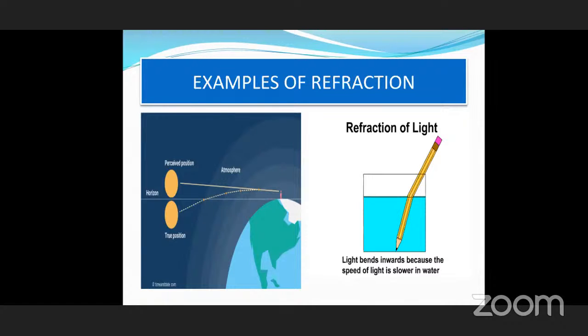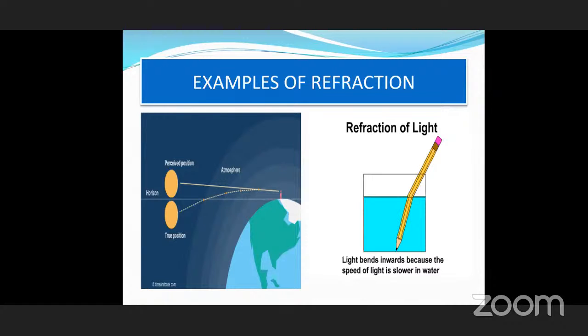Both densities are not equal. Air is optically denser than vacuum. So the refractive index of air with respect to vacuum is 1.00022. So there is an apparent shift in the direction of the sun, approximately a change of half a degree.